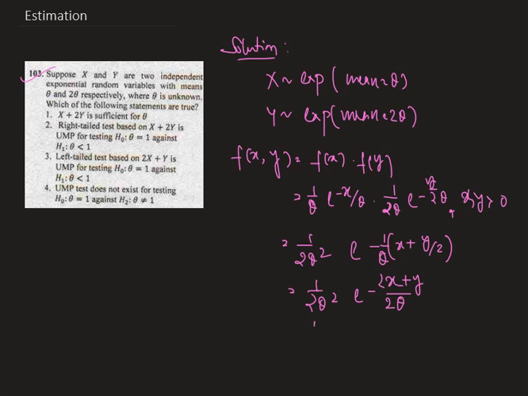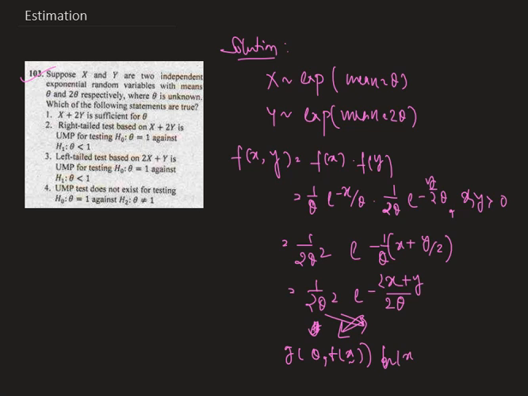Okay, so by Fisher-Neyman theorem we can write that this is g theta of T(x), and this is h(x).